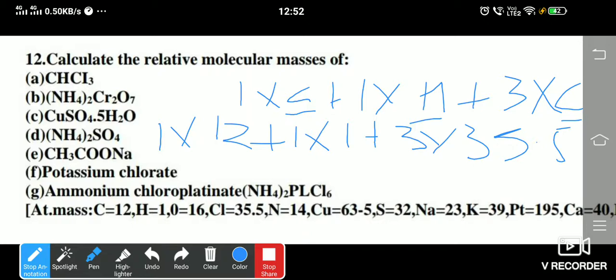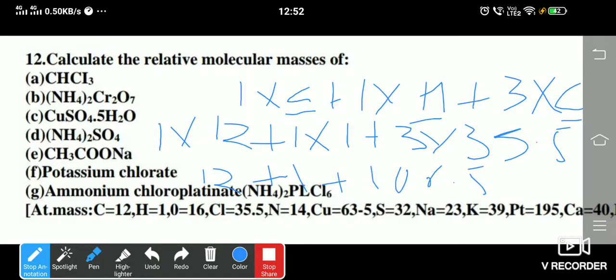Now, if you solve it, for carbon you get 12 plus 1 and 35.5 into 3 will give you 106.5.